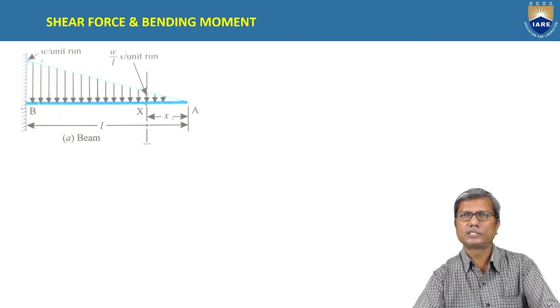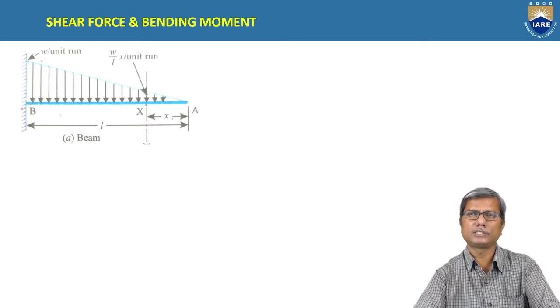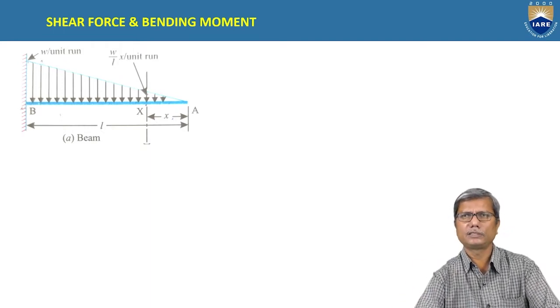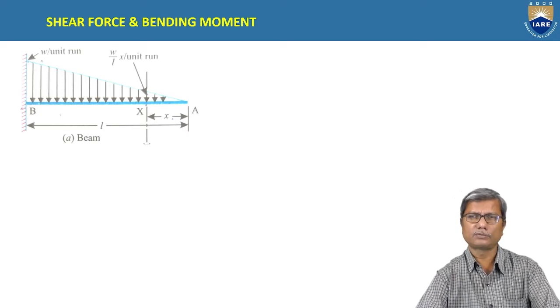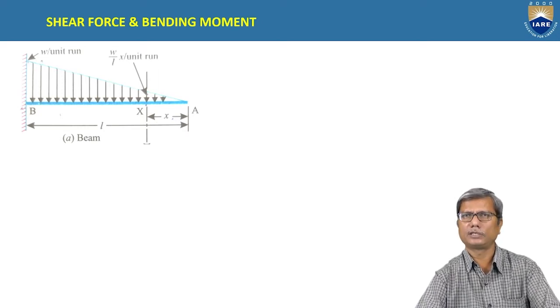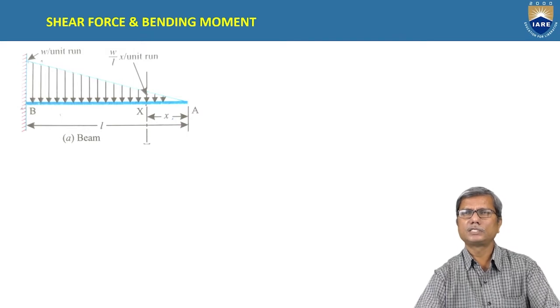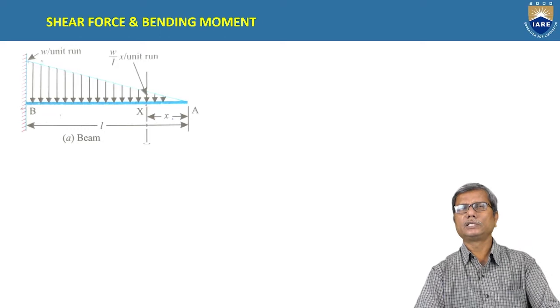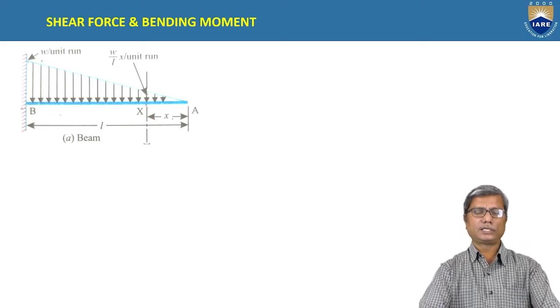If you consider the free end side for calculating shear force and bending moment, it involves no reactions. If you consider the fixed end side, then the reactions are required. So we can always consider the free end side in the case of a cantilever for calculating the shear force or bending moment.